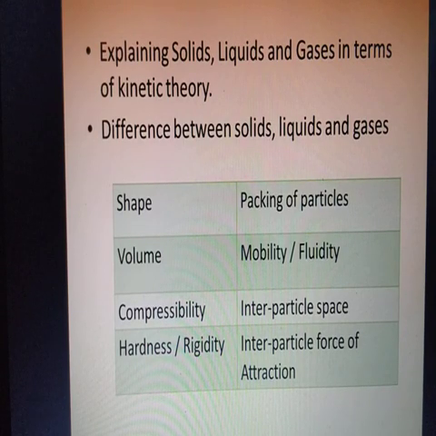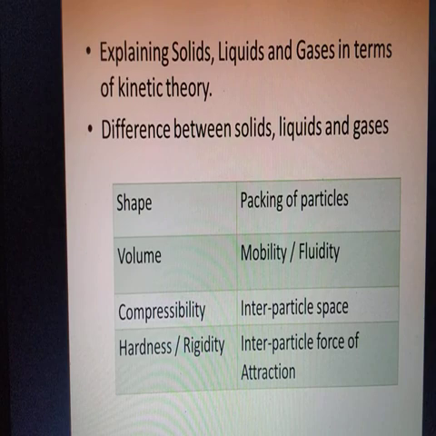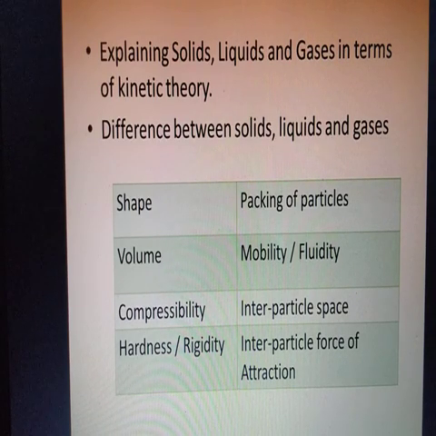In liquids, the interparticle space is quite more compared to solids, and thus, since the interparticle space is more, the interparticle force of attraction also decreases, and thus the efficiency of packing of particles, that means how well they have been packed together, decreases, and hence liquids fail to take a proper shape.